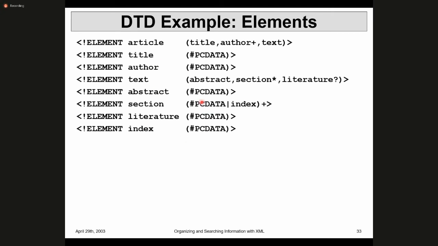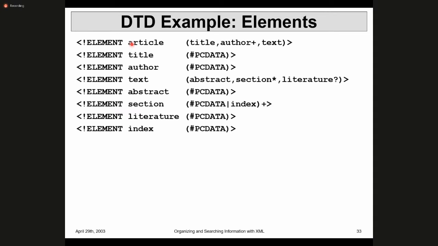So here we have multiple elements: title, article, title, author, text, right? So here you can see in the article element, we have title, author, and text. That means this article element has, or can have, another 3 sub-elements, right?